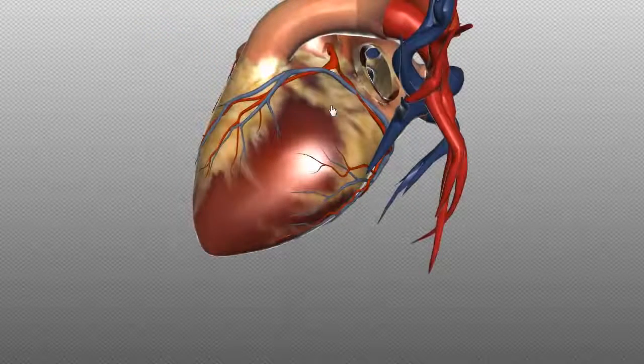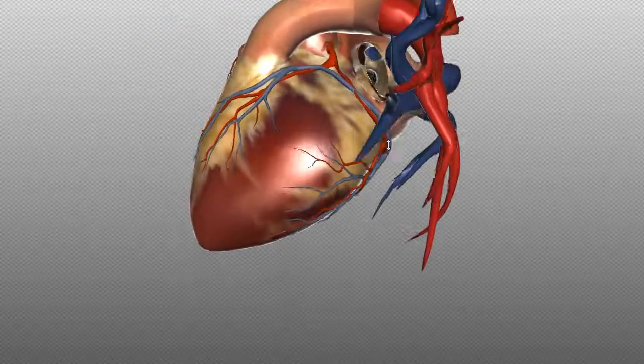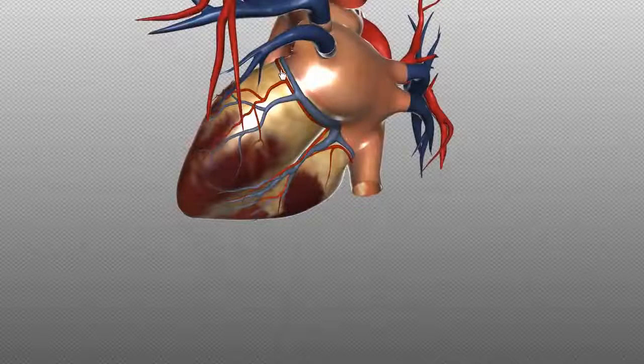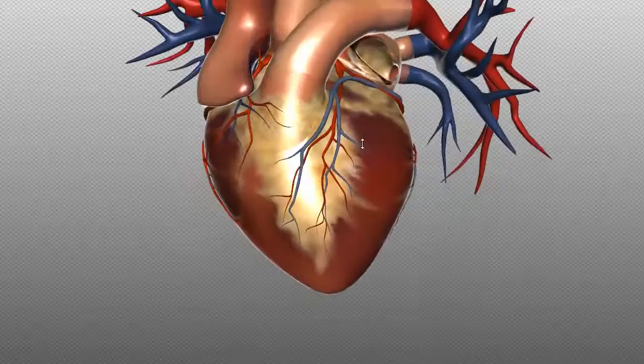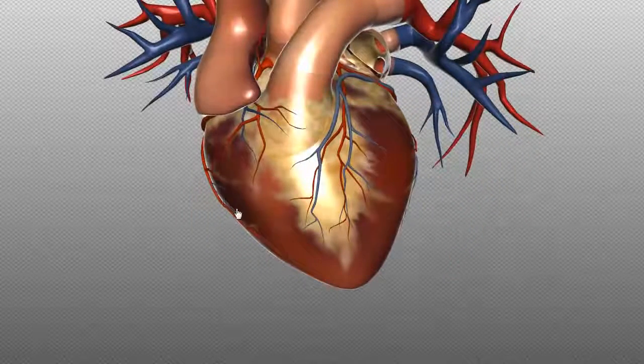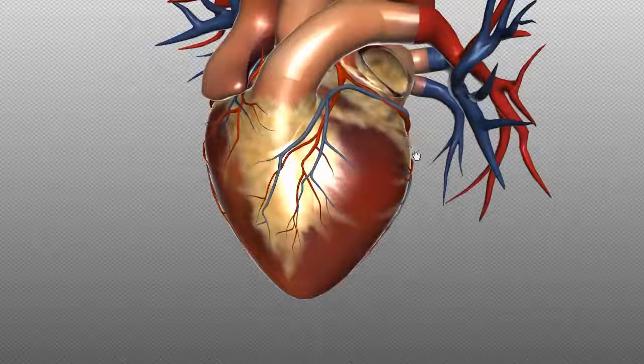This branch, which winds all the way around, is known as the circumflex artery, and it gives off a branch here. Like we've got the artery coming from the right coronary artery lying on the right margin of the heart, called the right marginal artery, we've got the artery on the left margin, the left marginal branch, and this comes off the circumflex artery.